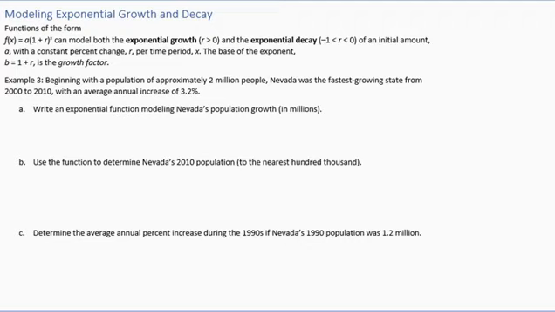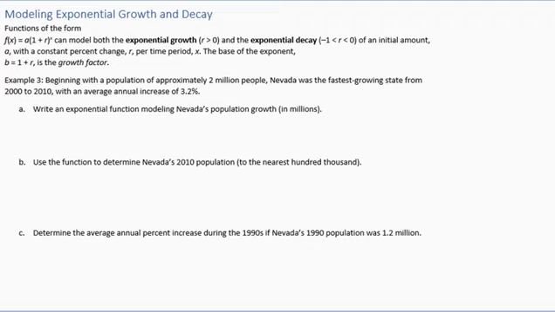So here's an example where we will get to use this. Beginning with a population of approximately 2 million people, Nevada was the fastest growing state from 2000 to 2010 with an average annual increase of 3.2%. Write an exponential function modeling Nevada's population growth in millions. So we're not going to write out 2 million every time, we'll just use 2.